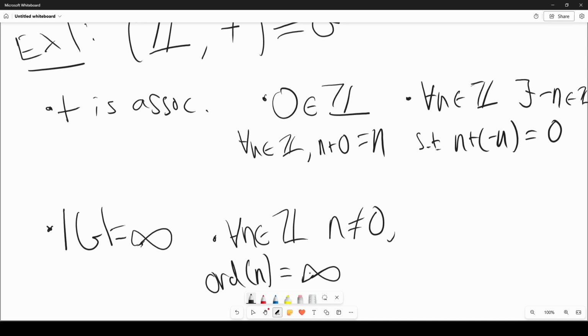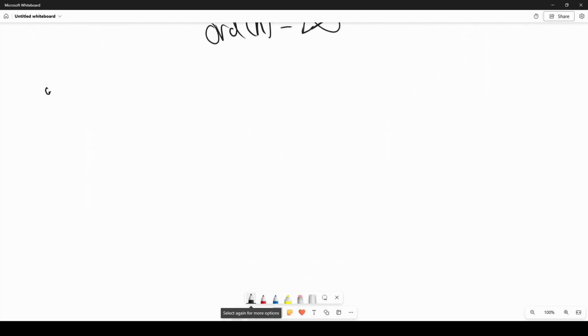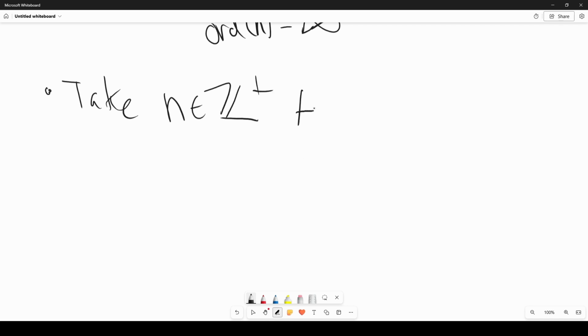Okay. Finally, let's look at some subgroups. So, take a positive integer n, and consider the subset hn equals 0, negative n, negative 2n, and that keeps on going down, and then positive n, 2n, 3n, and that keeps on going up.